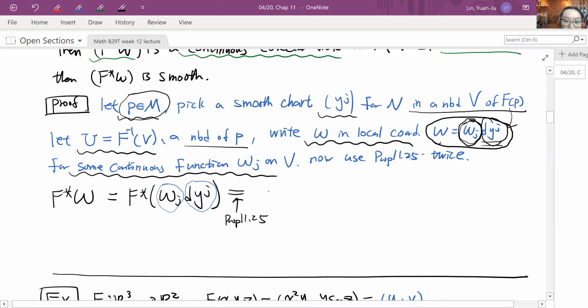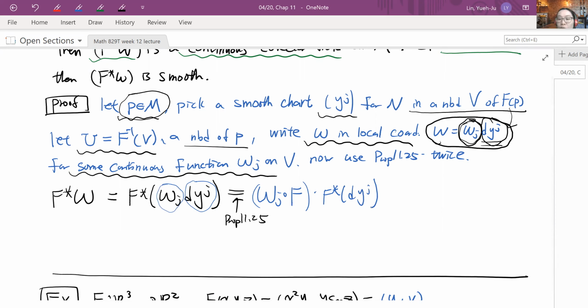So it's as if you do the pullback of this component function times the pullback f star of dyj. You can see that dyj is essentially the differential of the coordinate function yj.